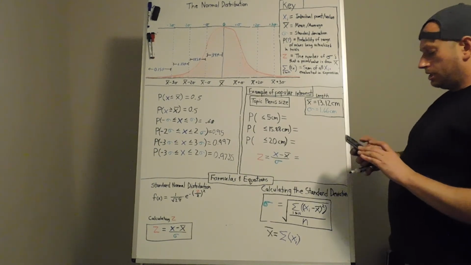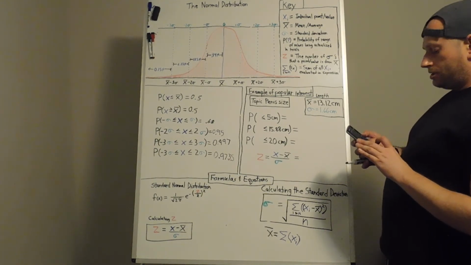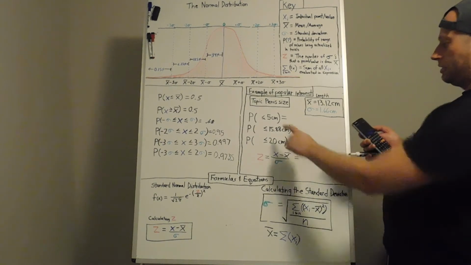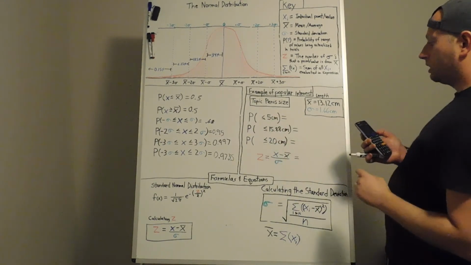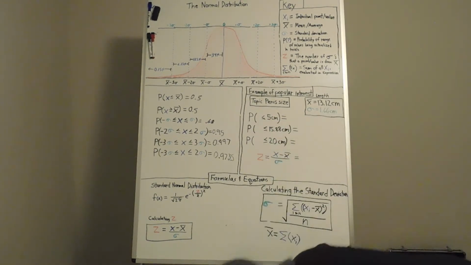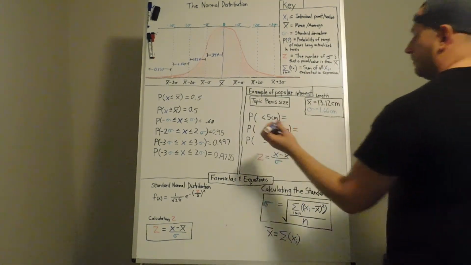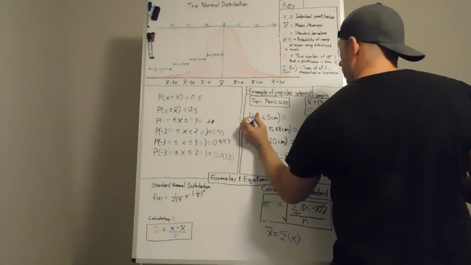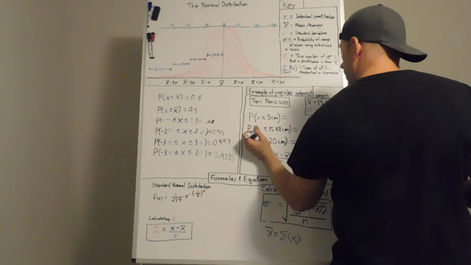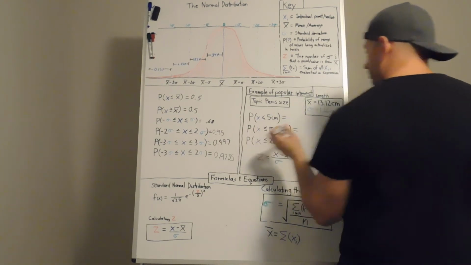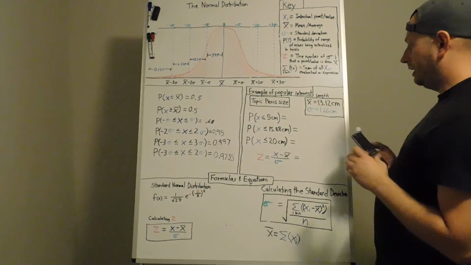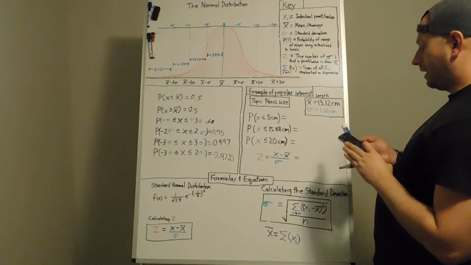So if we do math on this, we want to know what the probability is of x being less than 5 centimeters.